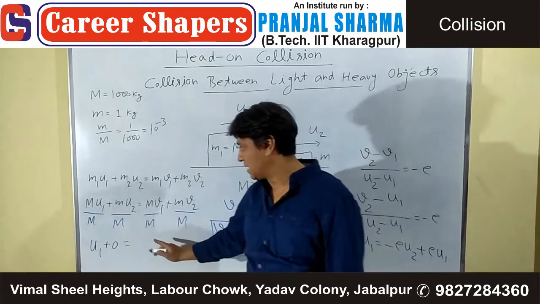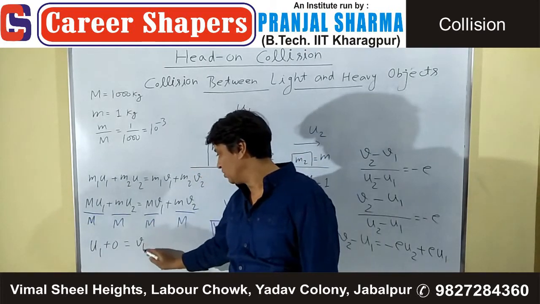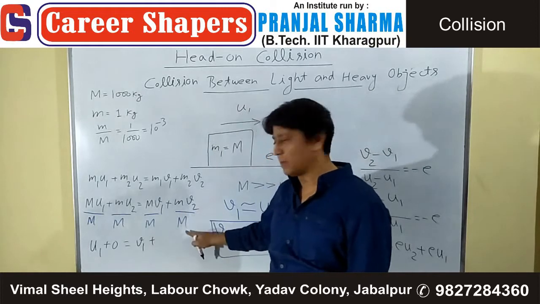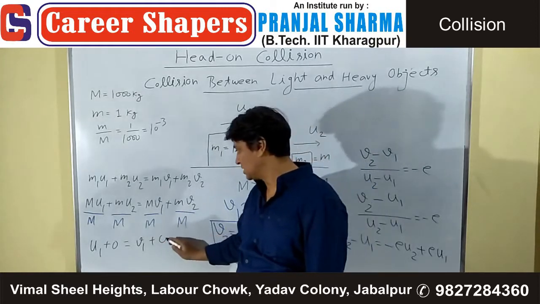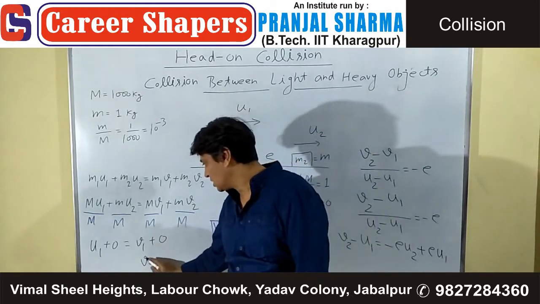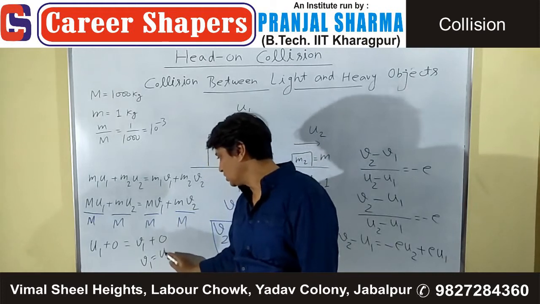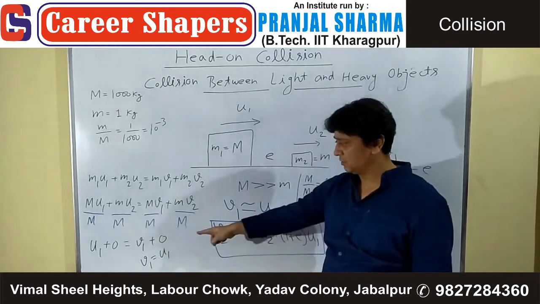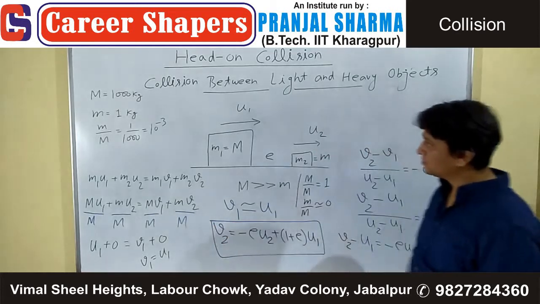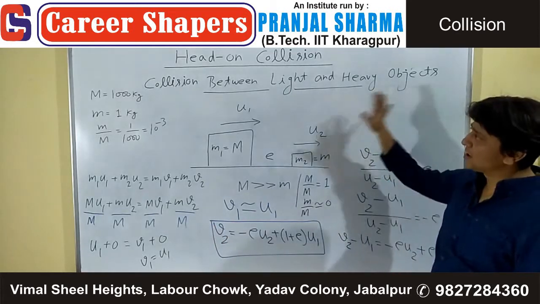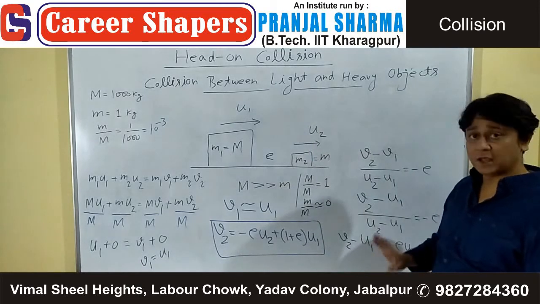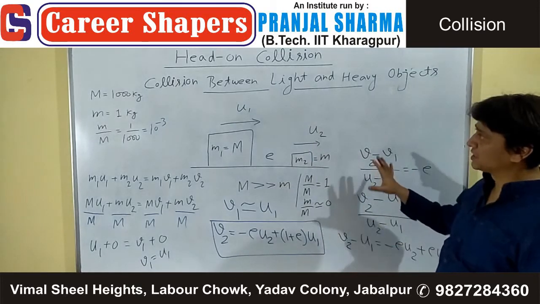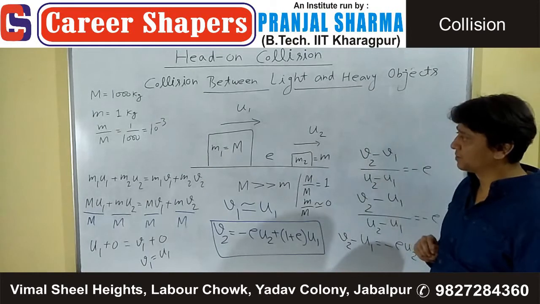Capital M, cancel. This gives you V1 plus small m upon capital M, it becomes what? 0. That gives us V1 as U1. If you are looking for mathematical proof of this, right there, you can see it. Now, note down everything and then we'll start using examples on this concept.